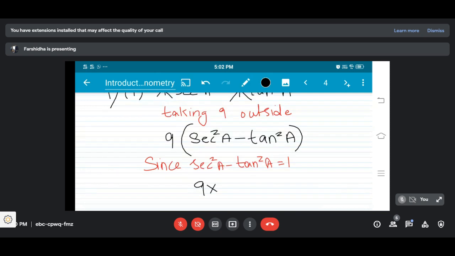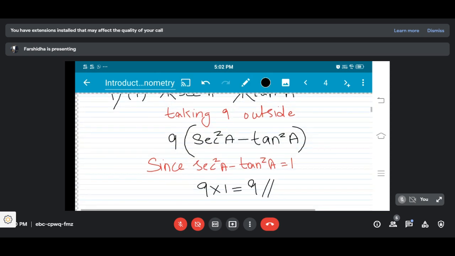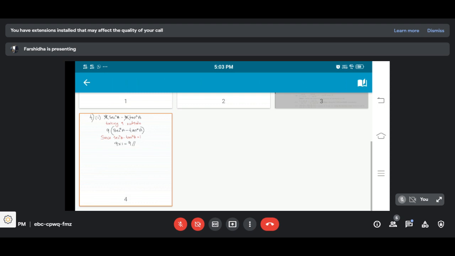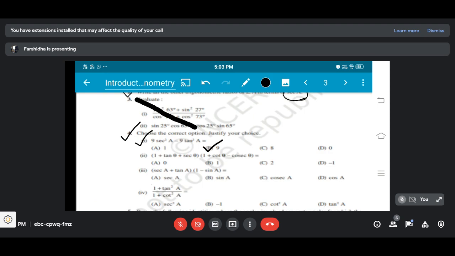So 9 into 1 equal to 9. Option B is the right answer, 9.